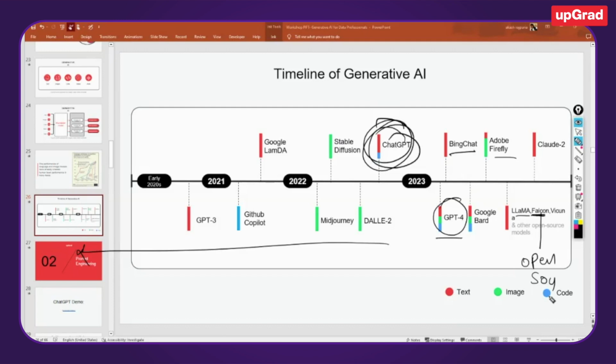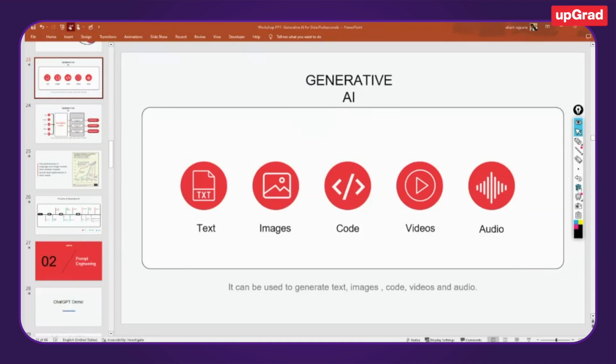So this is again a very big thing, open source language models. Now this is the complete scenario. What generative AI can do for all of you is generate text, images, code, videos, and now it can generate audio as well.